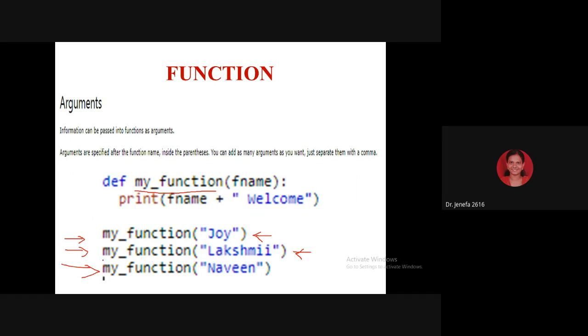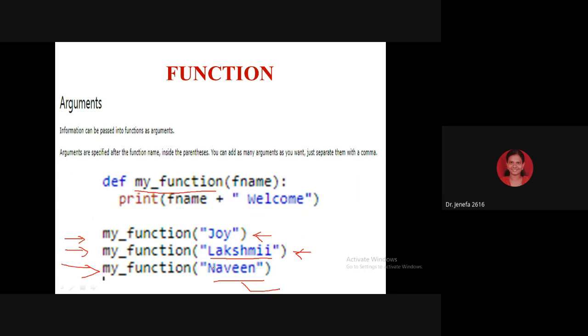For the second time, from function calling to function definition, we are passing another parameter, the string name Lakshmi. At the third time, we are passing a string value from the function calling to function definition. The name is Nami. For 3 times we are calling a function, but with different parameters.